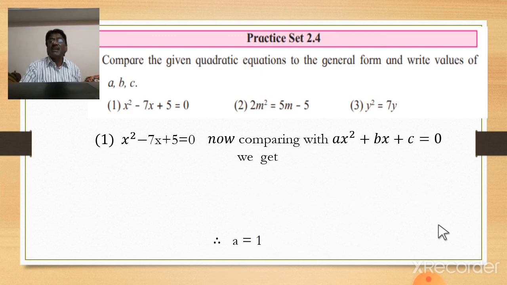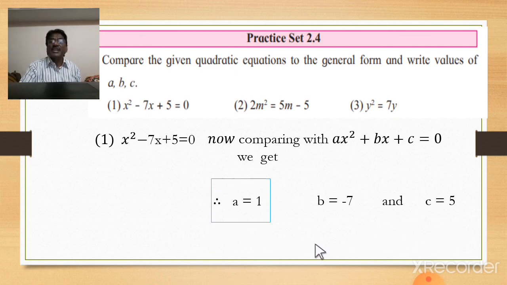Then we get the value of a is equal to 1. Here a is nothing, that means 1. And the value of b is minus 7 and the value of c is 5. Therefore, we get b is equal to minus 7, c is equal to plus 5. In this way, we find the values of a, b and c.